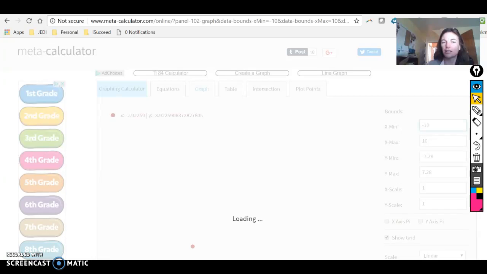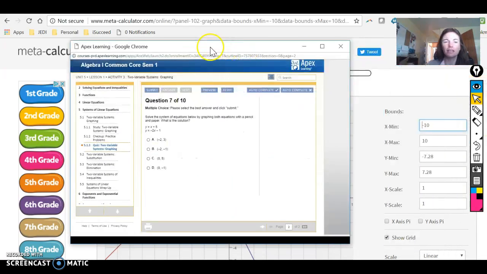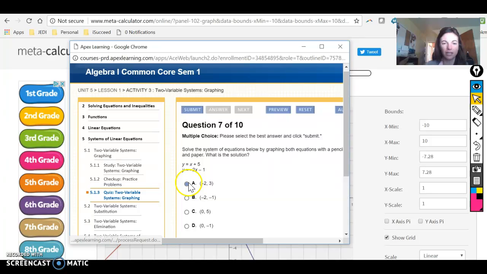Graph it, and I can see that my solution is negative 2 and positive 3. Again, that is one of my potential answers, fortunately.